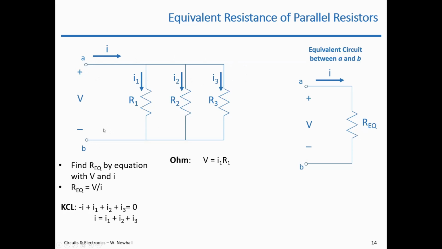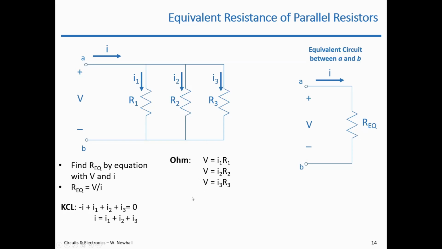That's one reason we consider nodes the entire connections, the whole connection between circuit elements. Voltages are defined between nodes. So this V is between that whole top node at the positive side and this whole bottom node at the negative side. We can continue with Ohm's law, and so that means that V is applied also across R2. So V is also equal to I2 R2 and I3 R3.